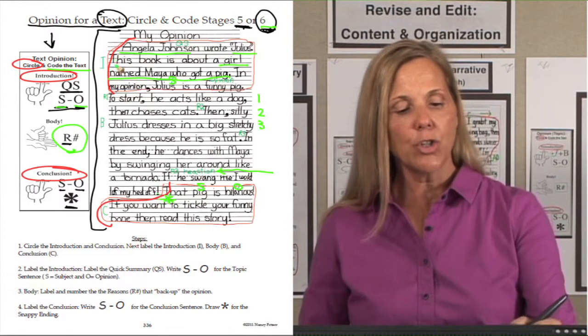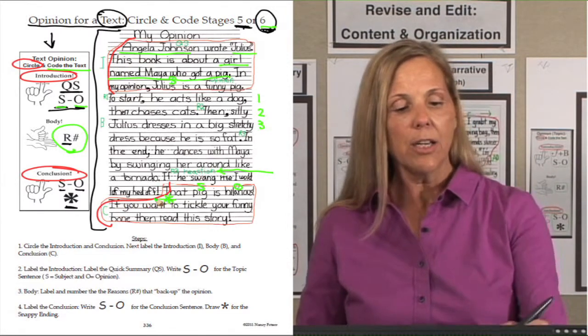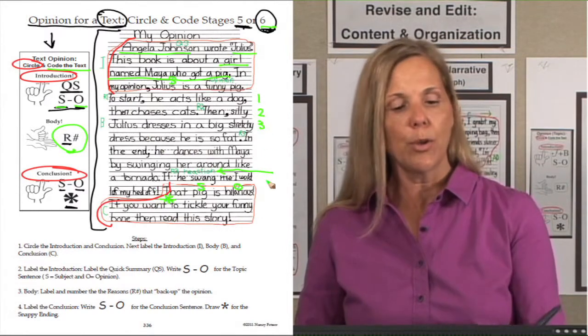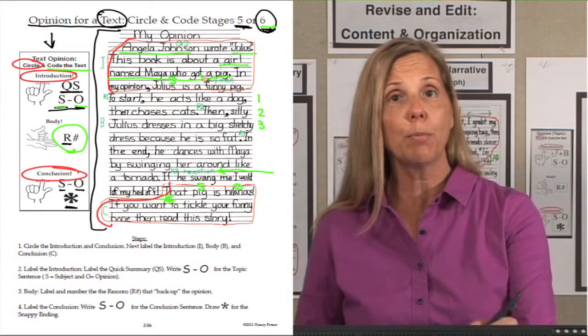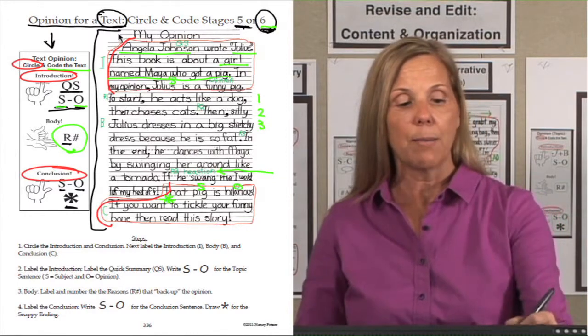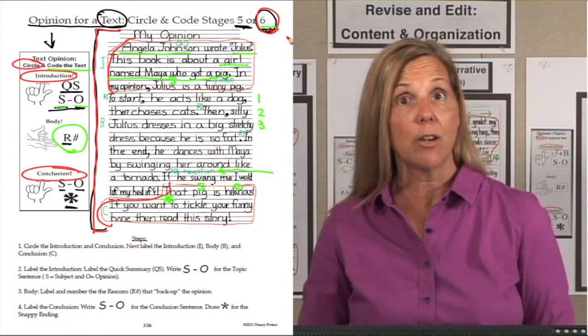I have circled the parts, coded each element by labeling it with all of my codes, and gone back to number those reasons. Put them on the side of your paper to make sure the reasons match up with your opinion and they make sense. Before I leave the text, remember, this was an example of stage 6 opinion writing.